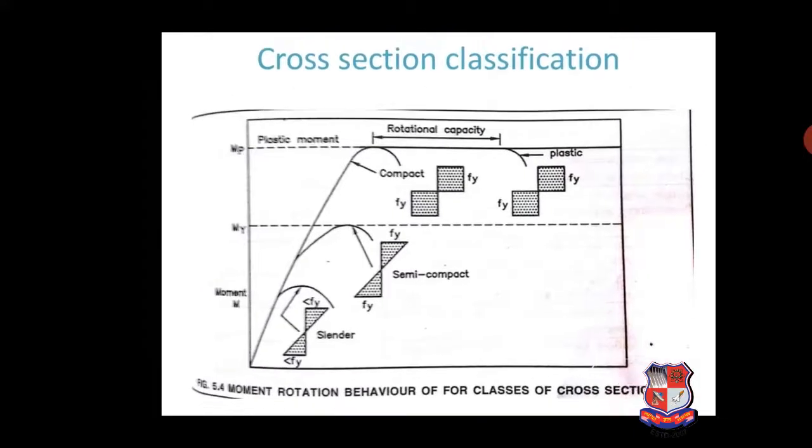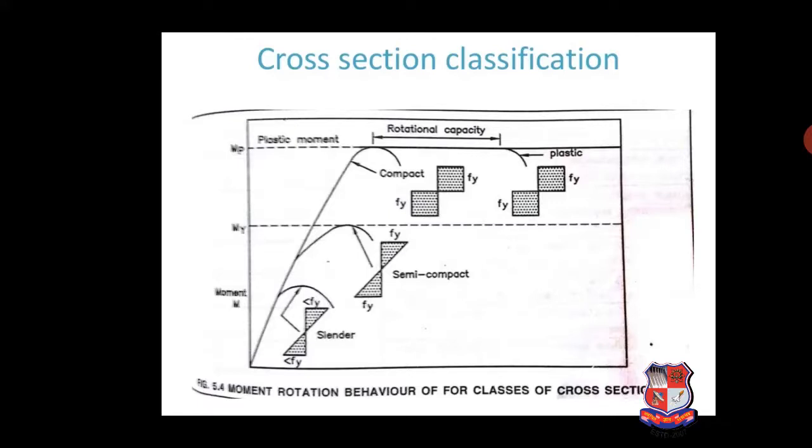First one is slender. A cross section in which the element buckles locally even before reaching yield stress is called slender. What is semi-compact? A cross section in which the extreme fiber in compression can reach yield stress but cannot develop the plastic moment. It is not in the elastic stage, but it has not reached the plastic moment, and is called semi-compact.